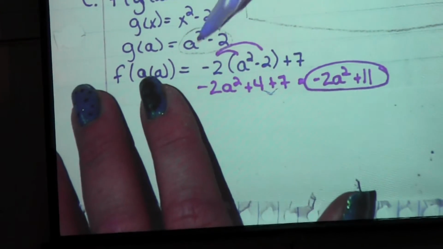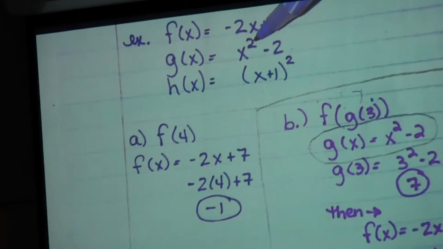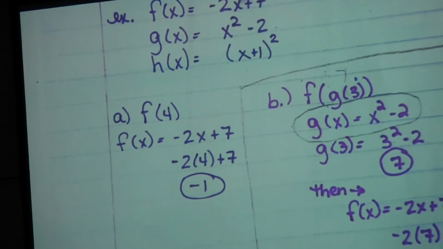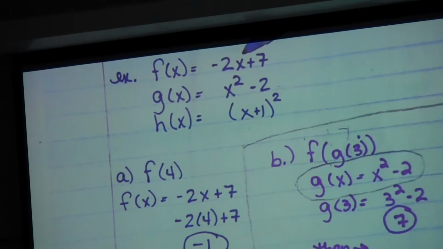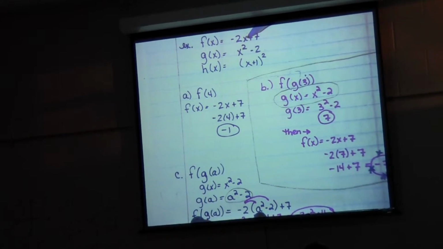Then we're going to take that whole thing, a squared minus 2, and go up here to our f equation, because now we're back out to the f side. And we're going to take a squared minus 2 and put that in for x in our f equation. So we have the negative 2, then instead of x, we're going to put in a squared minus 2.